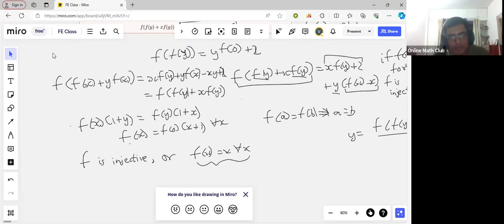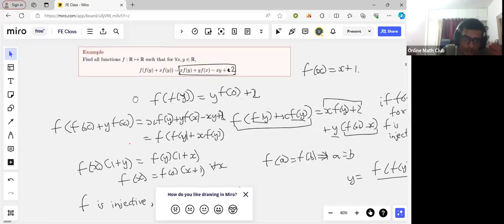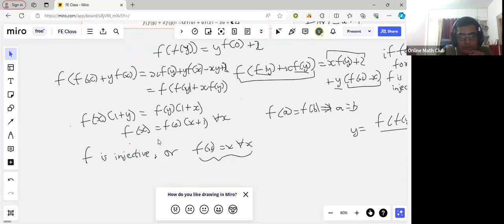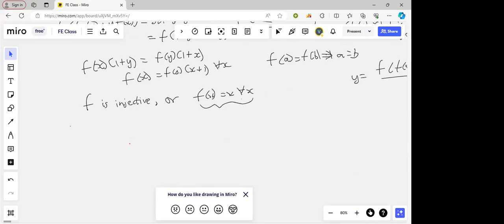So the idea in this problem is we use the symmetry. Of course, we have to get injectivity first, and then we use the symmetry in the problem. One side is symmetric, the other side is not. So this is a useful idea in general. So the solution is f of x equals x plus 1, right?